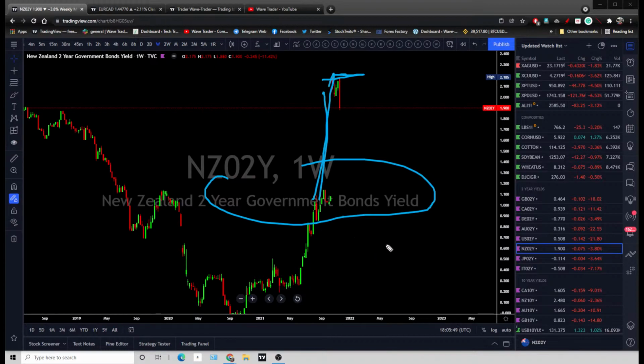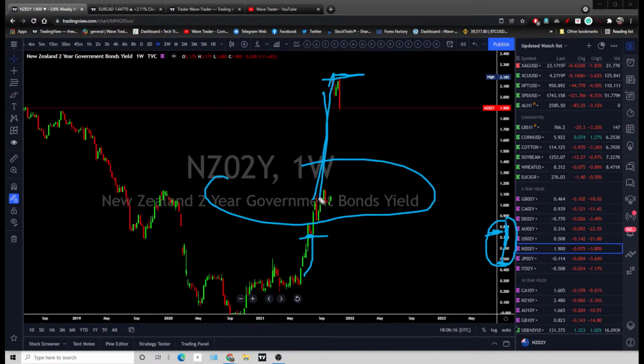But the nominal rate, the Reserve Bank of New Zealand target rate, was sitting at 50, and then they raised it to 75. That is the interest rate in New Zealand right now. That didn't move the New Zealand dollar.